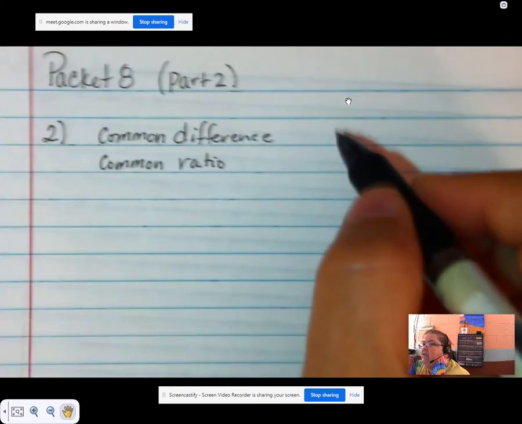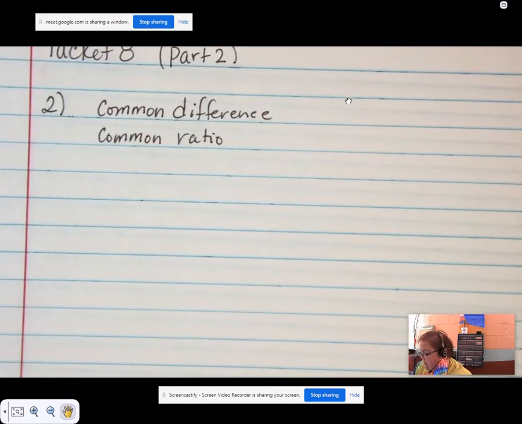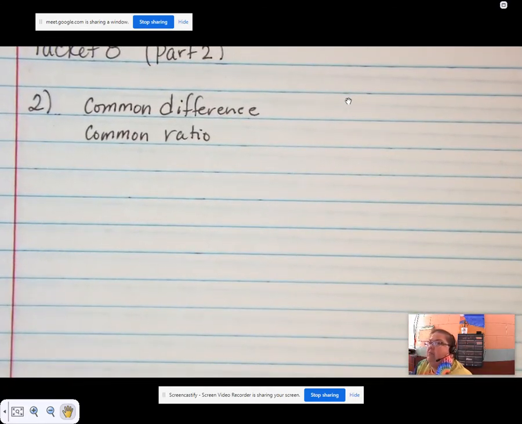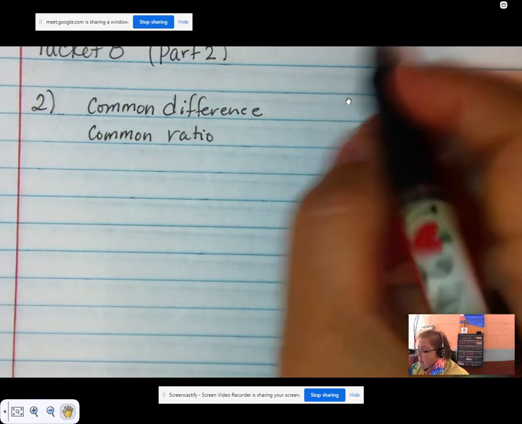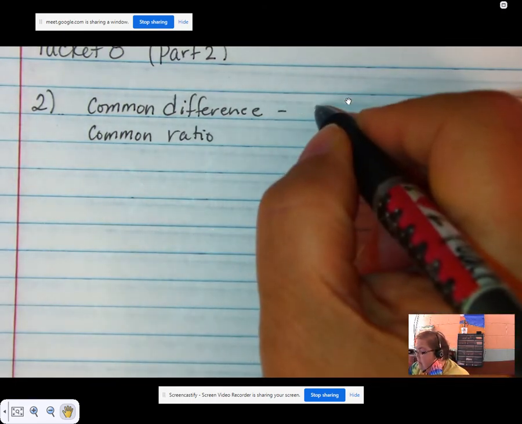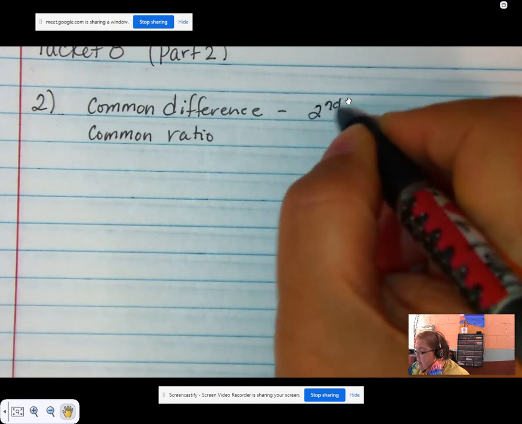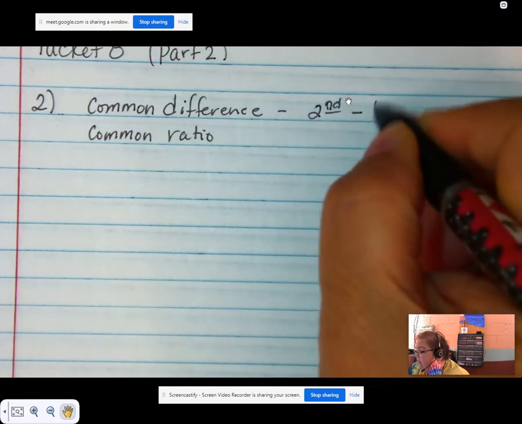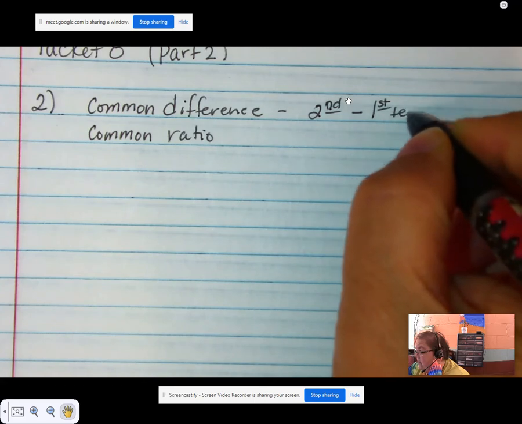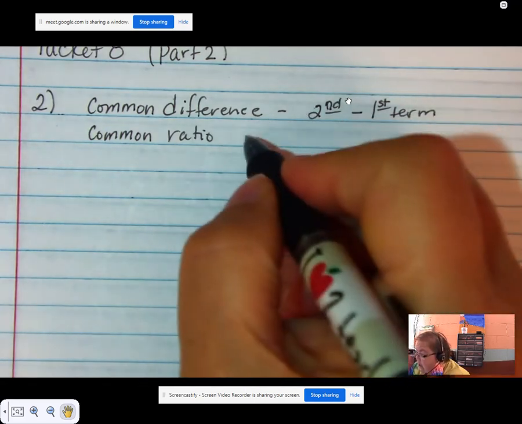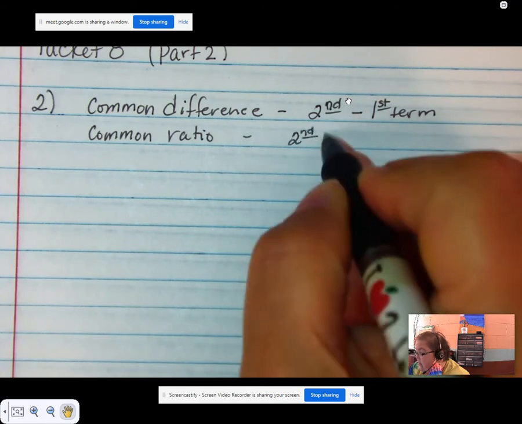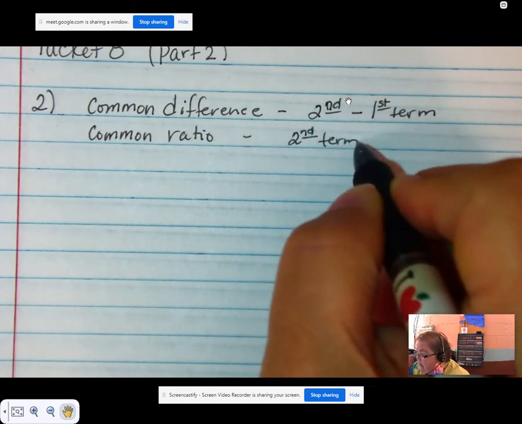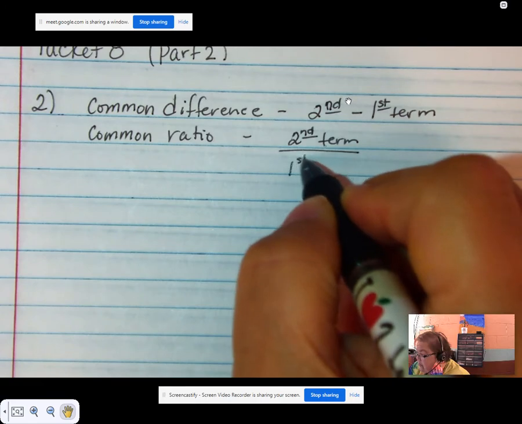Now, if it's a common difference, then I'm going to be subtracting. So that means second term minus the first term. The common ratio means the second term divided by the first term.